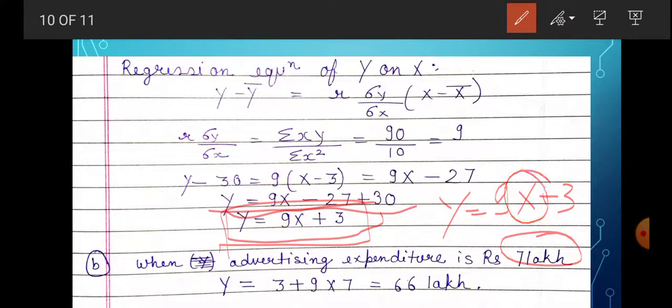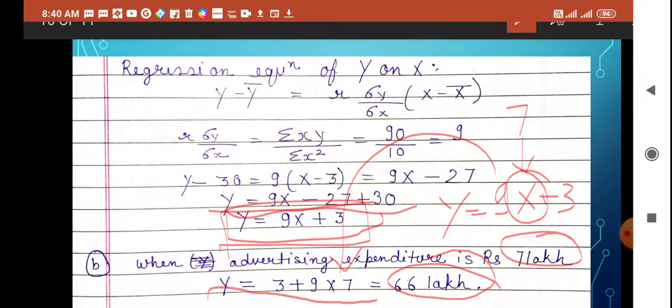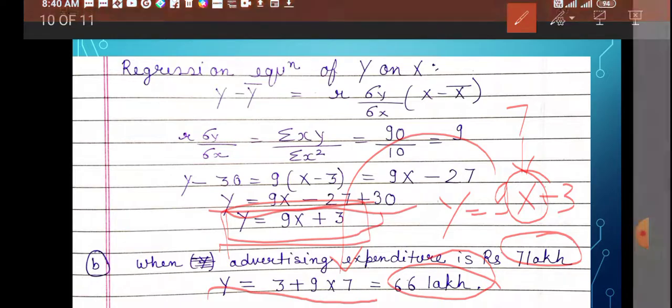So in place of x, we substitute 7. After substituting, you will get 3 plus 9 into 7, that is 66 lakh. If advertising expenditure is 7 lakh, then sale will be 66 lakh.